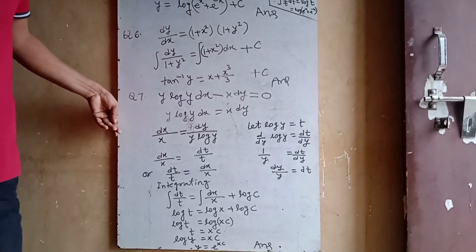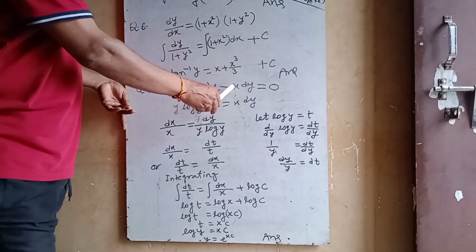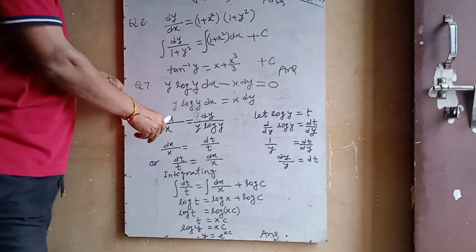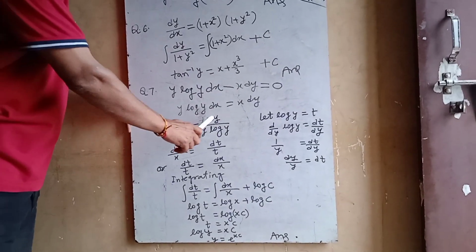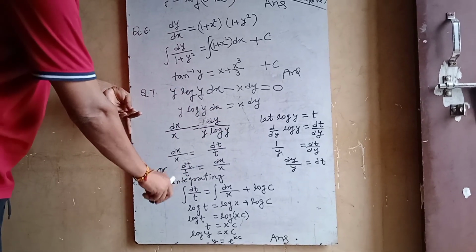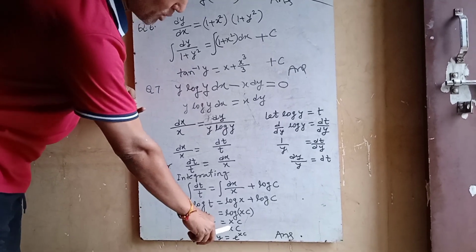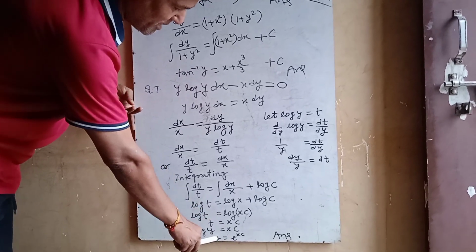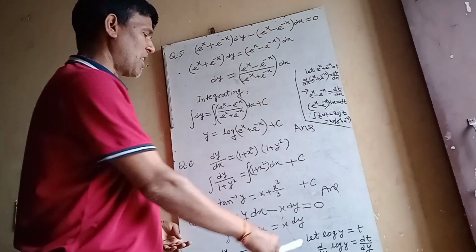Question number 7, y log y dx minus x dy equals 0. So dx upon x equals dy upon y log y can be written as follows, and the answer will be log y equals xc. So y equals e to the power xc is the answer.